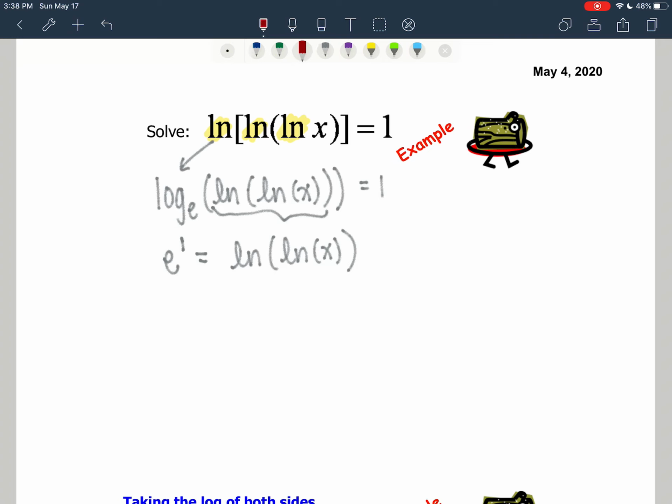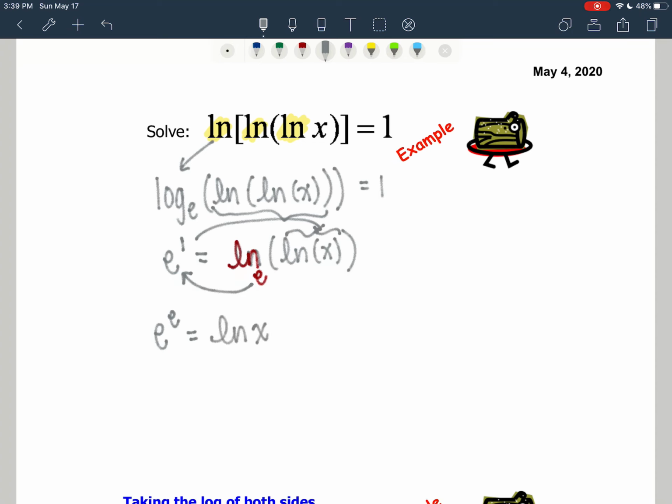Now I've got this natural log, which is a log base e, so its base is e. So I'm going to take e raised to the e power, so this is exponential form now a second time. e raised to the e power is equal to the natural log of x.